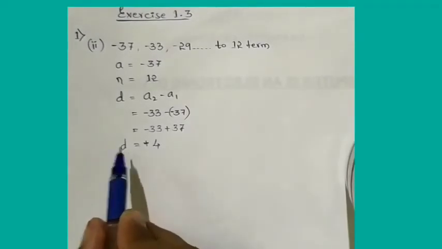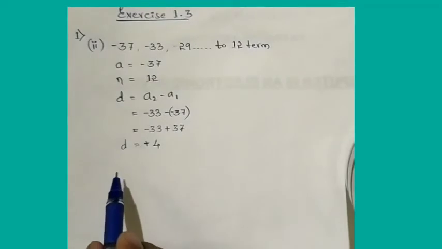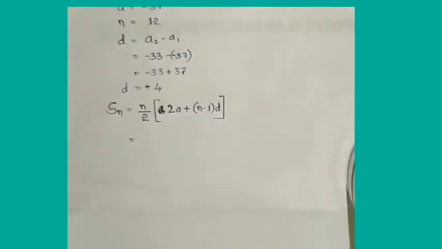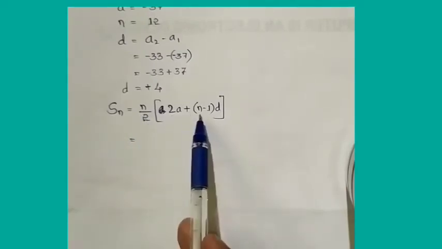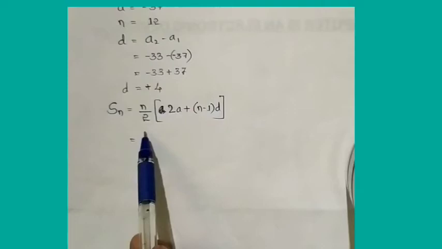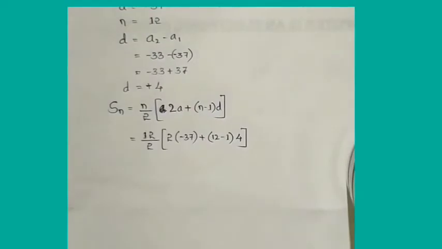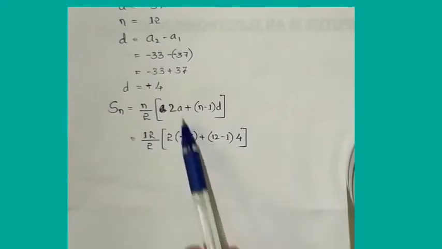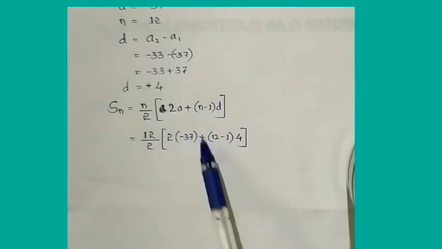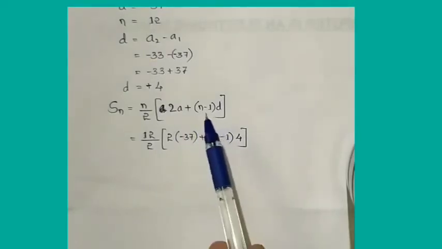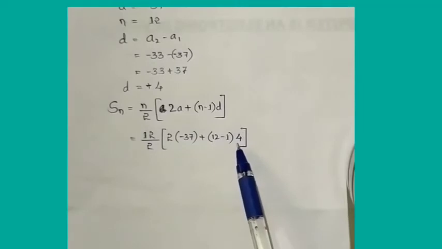Now we got d, we know a and n, substitute in the formula. Our formula Sn equal to n by 2 in bracket 2a plus n minus 1 into d. Now substitute the values. After substitution we get 12 by 2, 2 into a means 2 into minus 37, plus. Here a is negative, so always write it in bracket, so it is easy to multiply. Plus n is 12, minus 1, into d, that is 4.